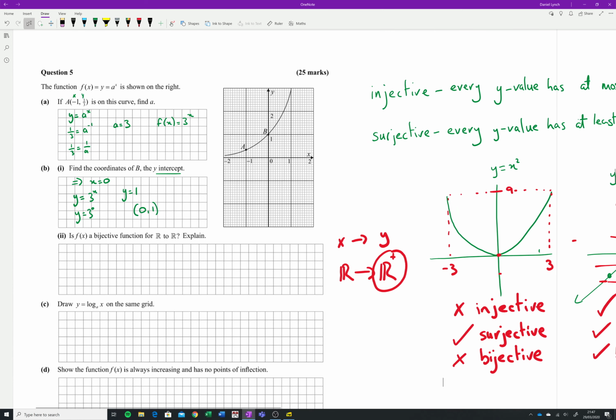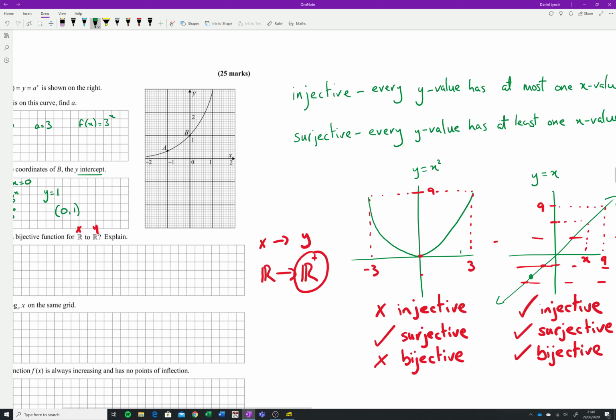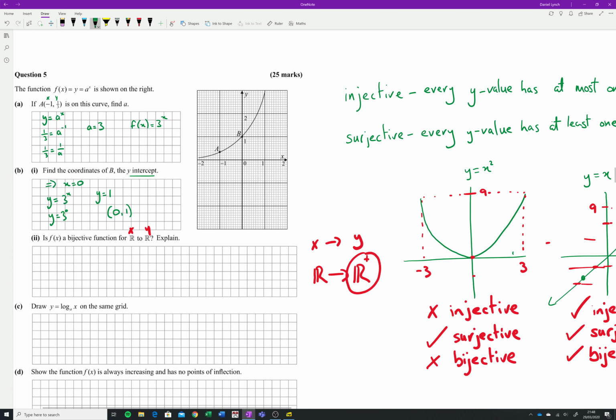Let's have a little look at this question here. Is f of x a bijective function for R to R? What they're saying is we can put in any number, we can get out any number. That's all that means right there. So remember, to be bijective, you must be both injective and surjective. So what does injective mean? Every y value has at most one x value.